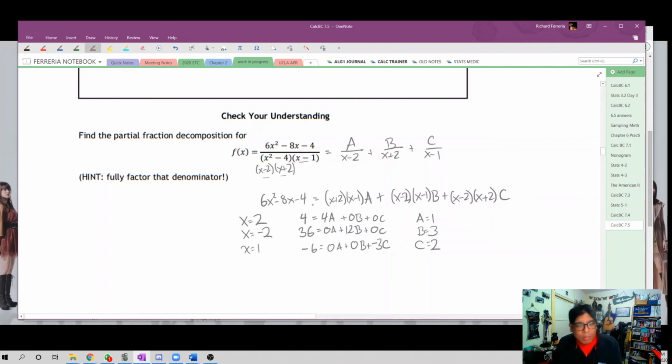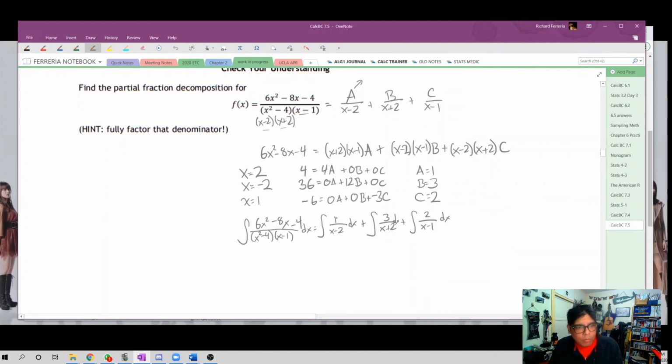So now I'm just going to go up here and I should rewrite the entire thing. Okay, so the integral of 6x squared minus 8x is going to be equal to the integral of 1 over x minus 2 dx. Remember, A is 1.